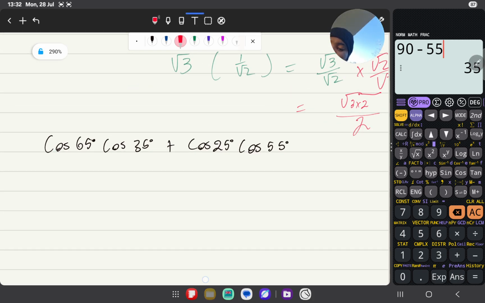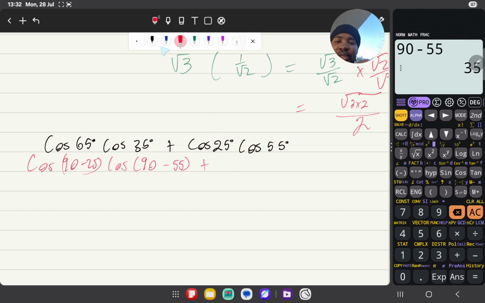So here you can say you have cos 90 minus 25, and then cos 90 minus 55, right?